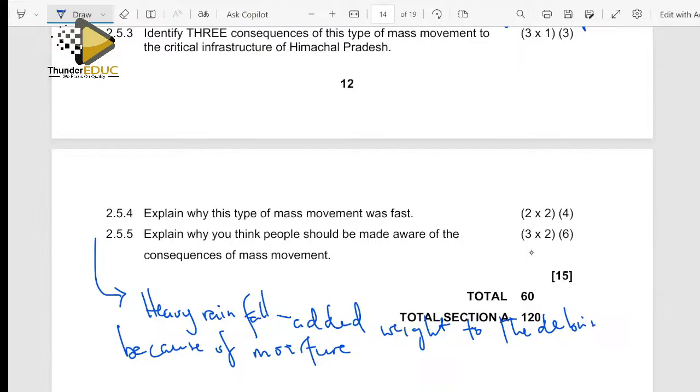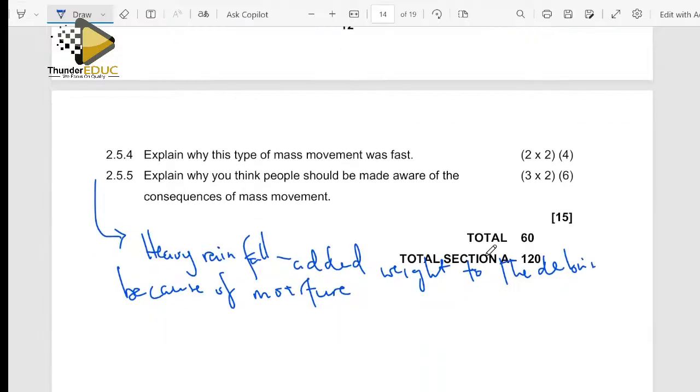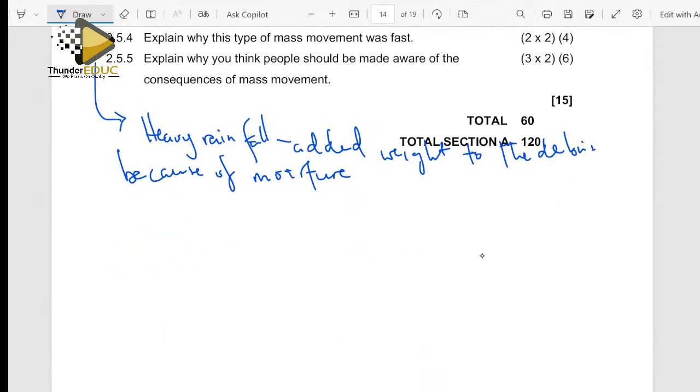So when there's moisture in the soil material, it can easily move faster because of the weight. It's now heavier because of the added weight, and then it can move faster down the slope.